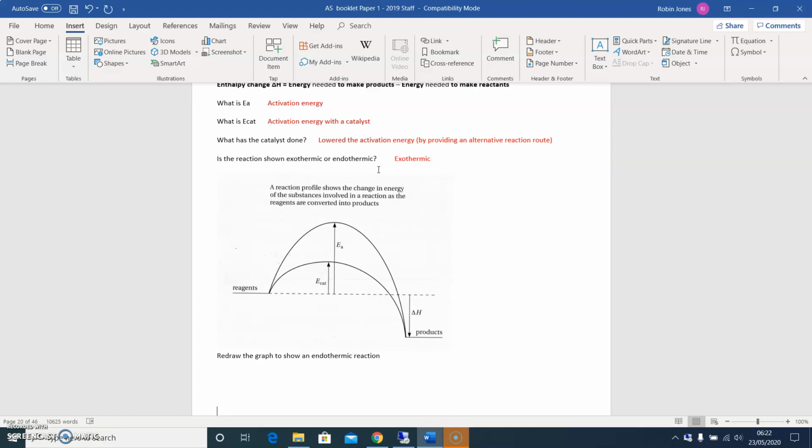And it does that by providing an alternate reaction route, a different way of the chemicals combining to, for example, make a product. A good example of that may be something like a catalytic converter, a metal inside your car exhaust.